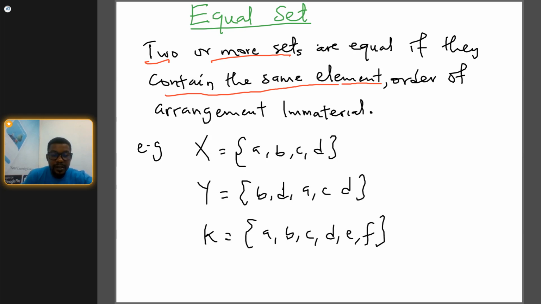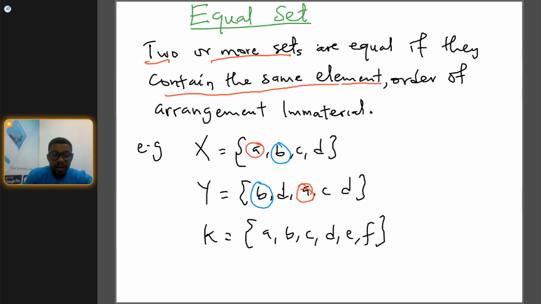Now consider X, Y, and K. Let's consider X and Y. We have A here, and the same element here. We have B here, the same element.